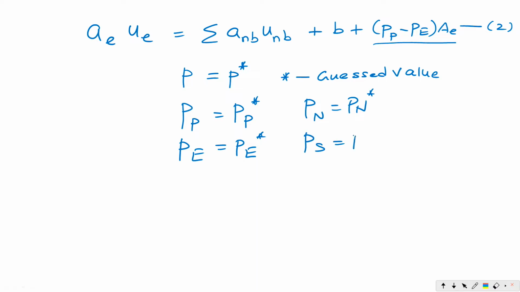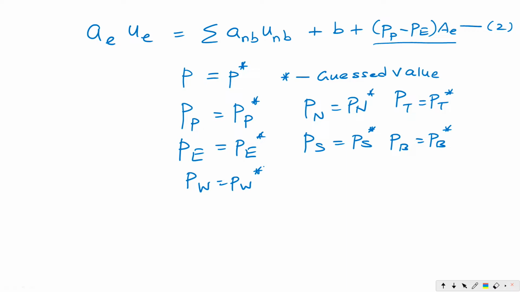PS will be called PS star. PT will be called PT star. P bottom will be called P bottom star. Similarly, P west will be called P west star. So all these values we are going to guess, and they are called the guessed values.